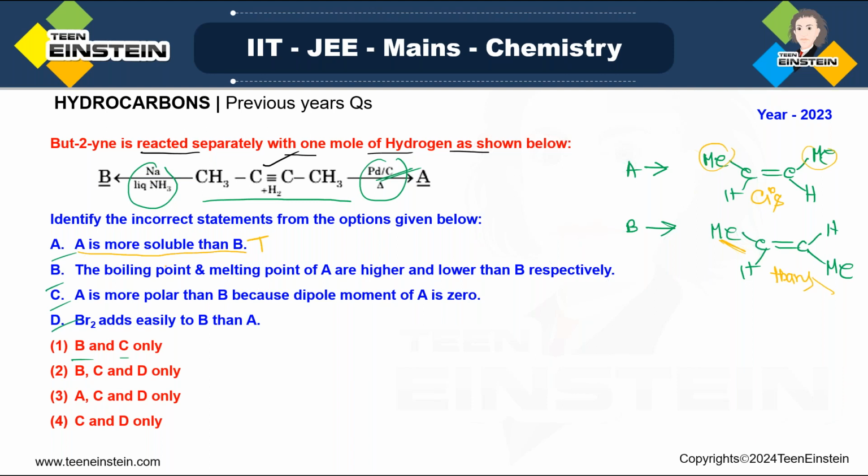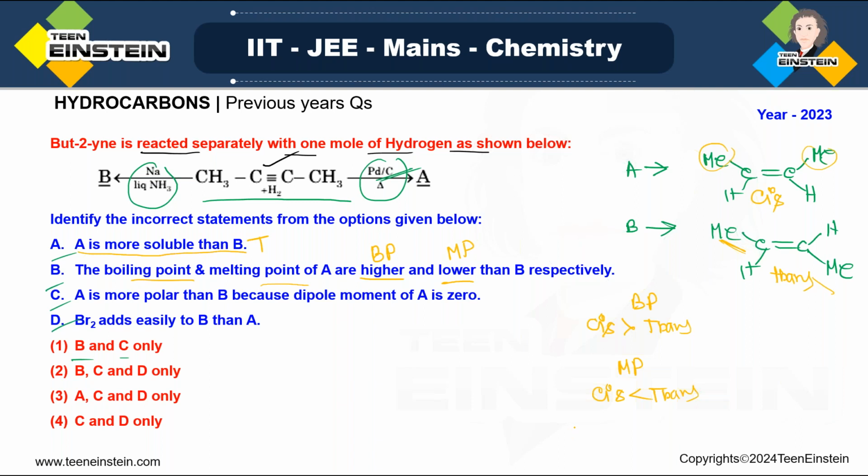Now the second statement is saying that the boiling point and melting point of A are higher and lower than B respectively. So higher is for BP and lower is for MP. Now BP for cis is greater than trans, that is mentioned here, and for MP it is reverse. Now is it true? That we have to find.